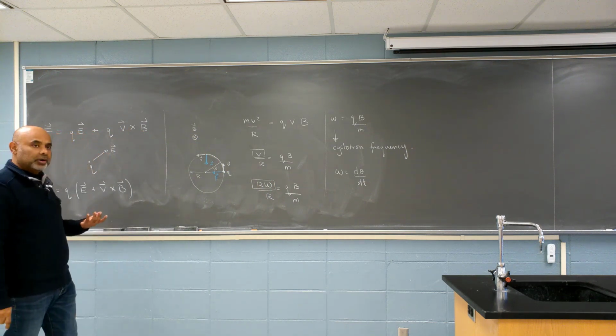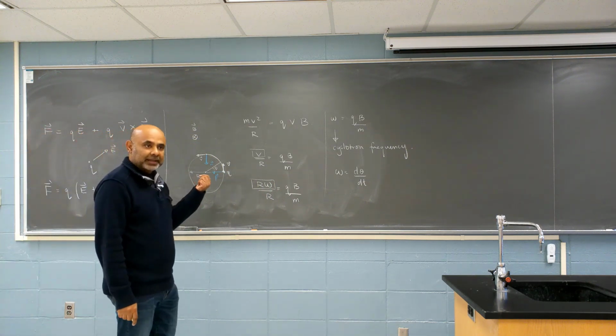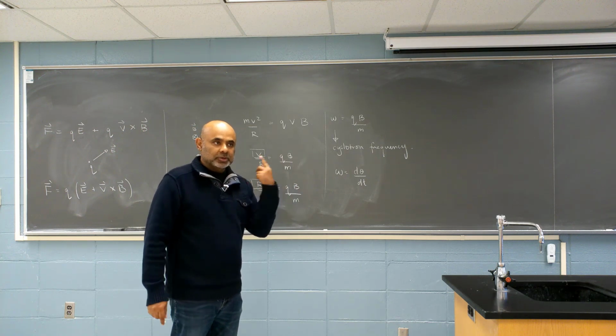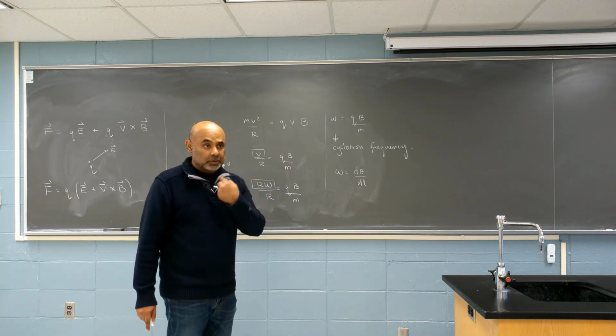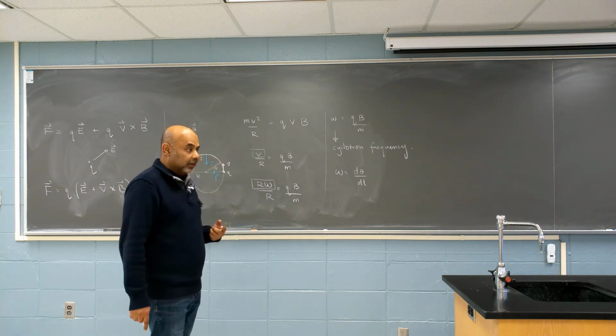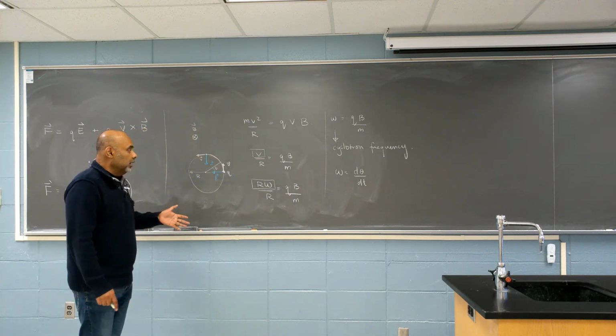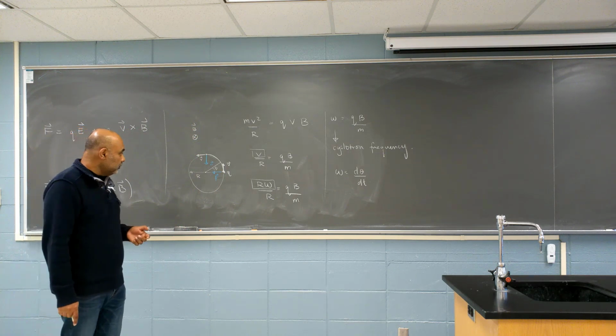So typically in particle accelerators, a simple magnetic field will allow charged particles to move in a circular path, and hence you have these circular particle accelerators. I haven't told you the whole story.